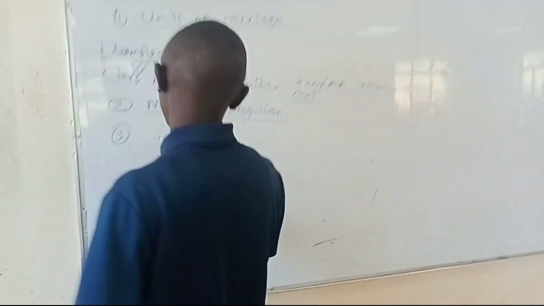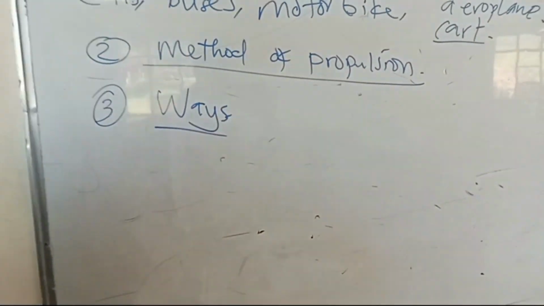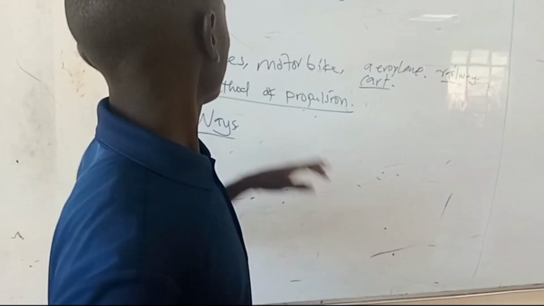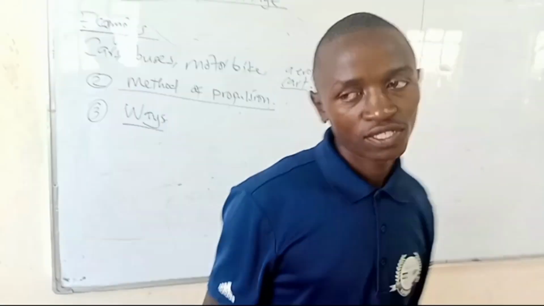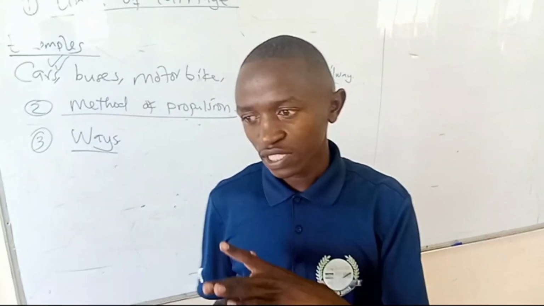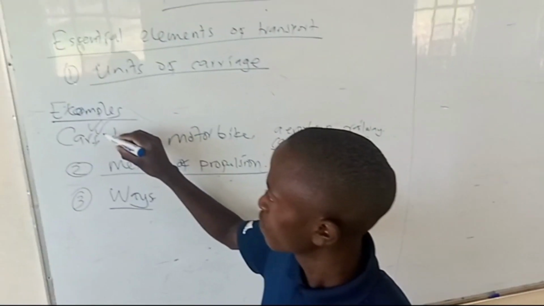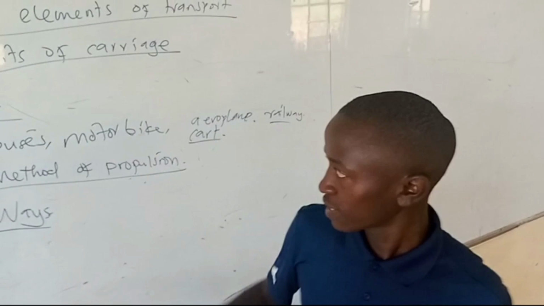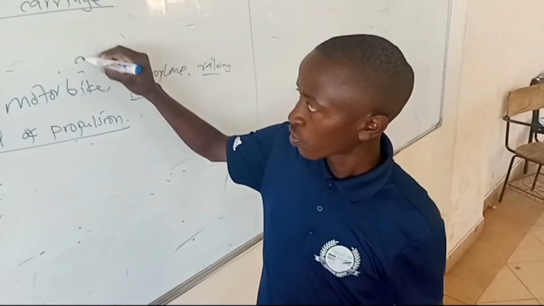So let's look at the ways. For these units of carriage to move, they follow their ways. Ways refers to the routes. If you are using a car, a bus, or a motorbike, its way will be the road.